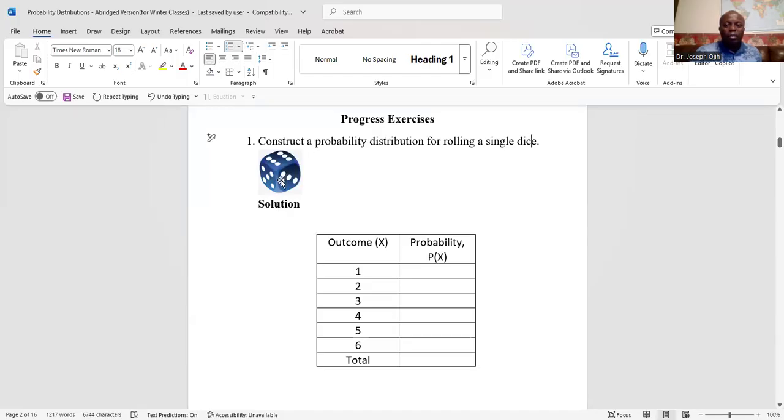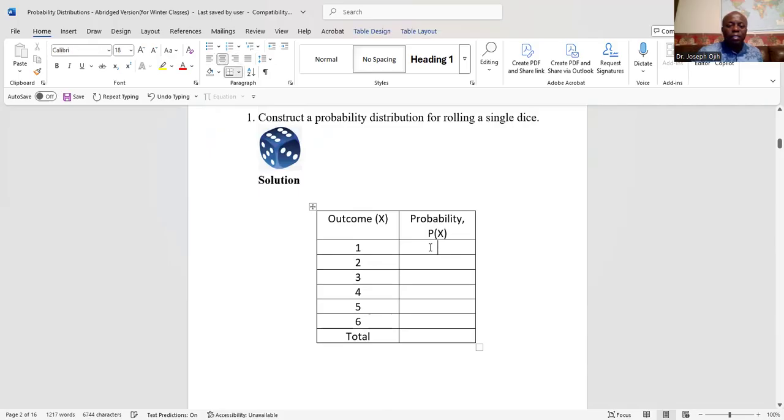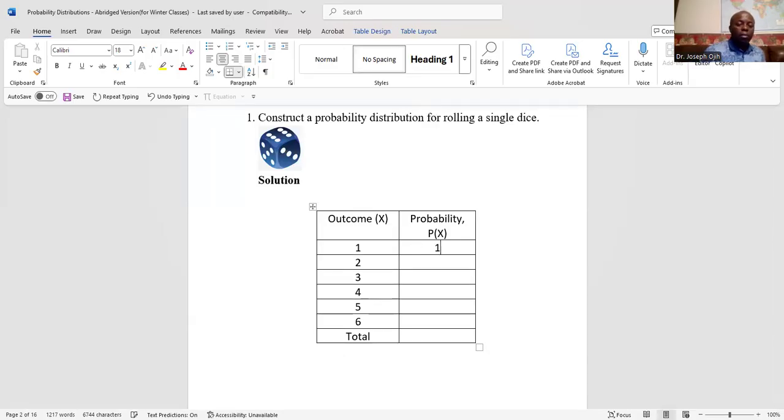Knowing that this dice has how many sides? 6 sides. The first side has 1 written on it. There is a side that has two dots, then 3, 4, 5 on them. So each of them has 1 out of 6 chances, because for a dice with 6 sides, the probability of any side showing up when it is tossed is 1 out of 6.